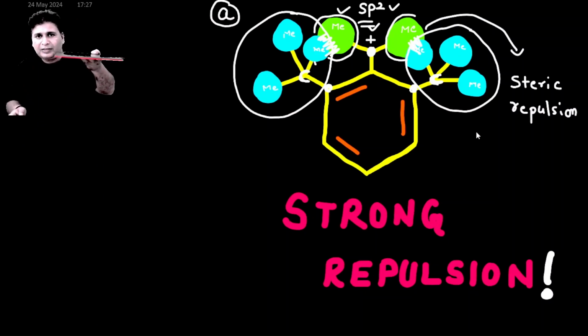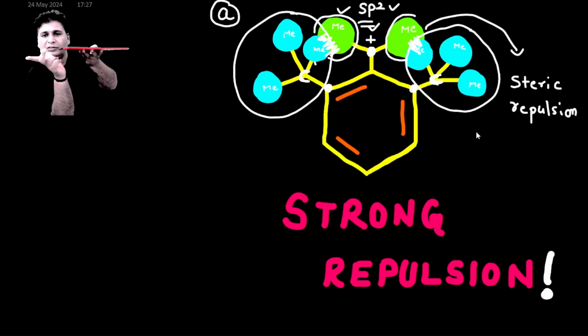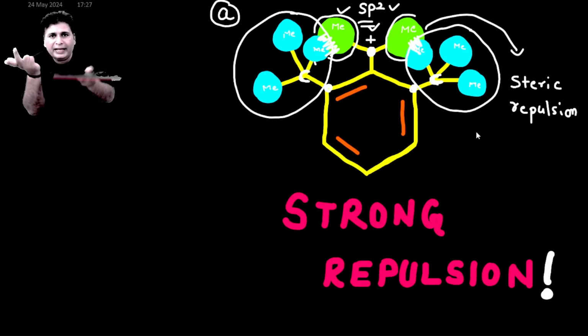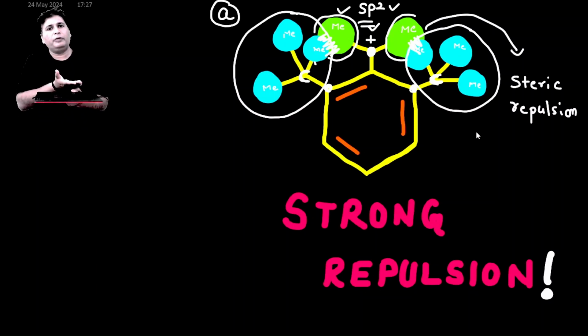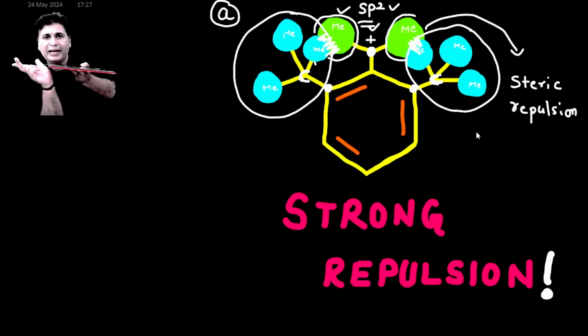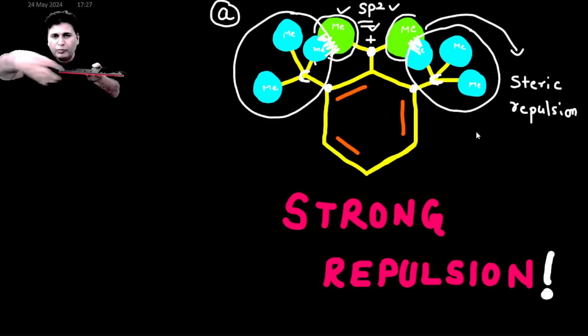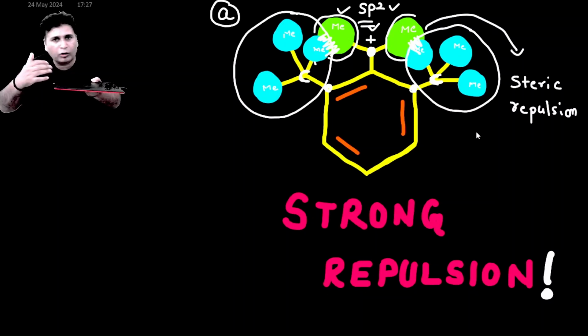For an example, this is a benzene ring, and this is the carbocation, like this. If it remains parallel to the plane of the benzene, if it wants to remain in the plane of benzene, it encounters severe repulsion because of its methyl groups and the 2 tertiary butyl groups which are attached at the ortho position.